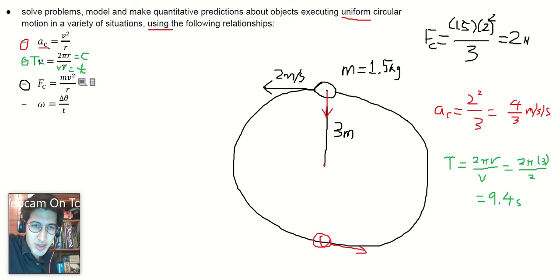Okay, period, capital T, is in seconds, just like lowercase t, time, is also in seconds. So we could calculate that. Also, I realize this isn't too hard to actually calculate. 4/3 is just 1 1/3.